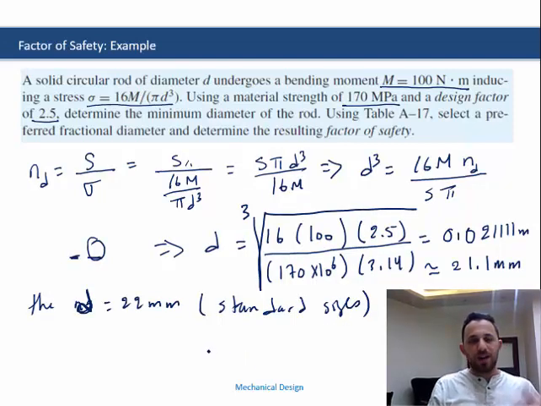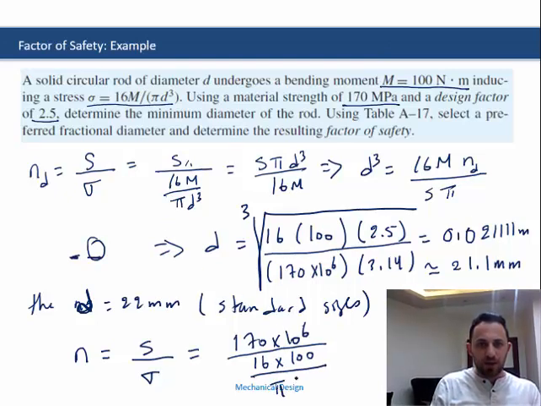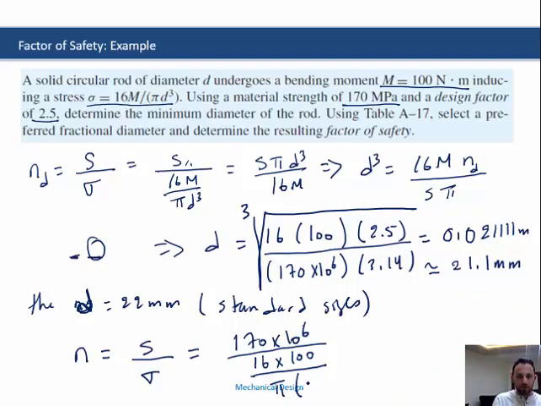Now the factor of safety due to this change in the diameter is equal to n, the strength over the new stress, which is 170 times 10 power 6 over 16 M, that is 16 times 100, over pi times the new diameter, 22 millimeter, times 10 power minus 3, all to the power 3, which is equal to 3.55.